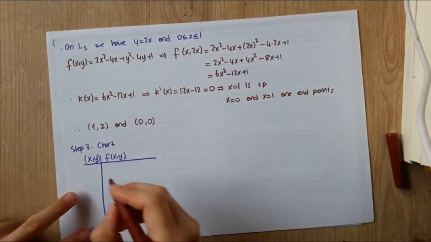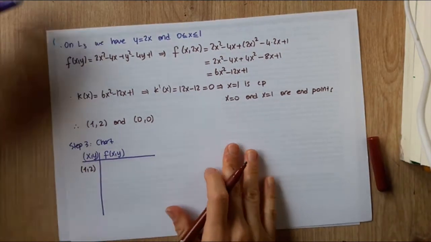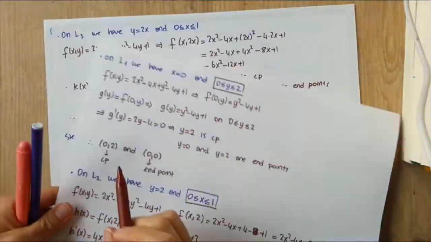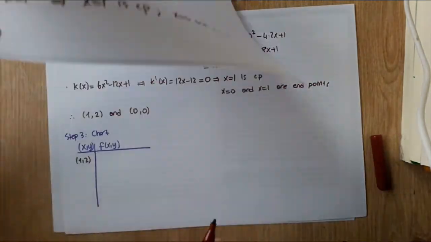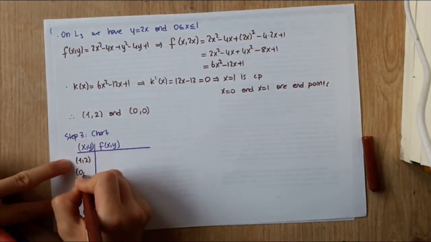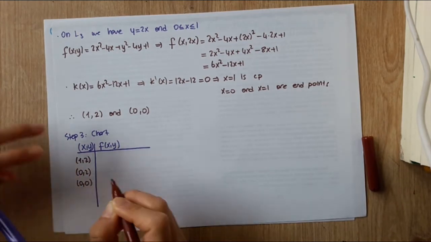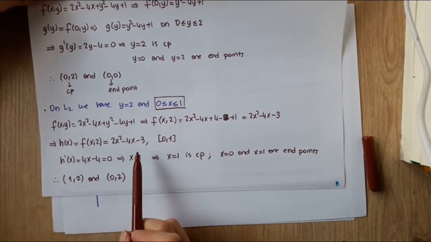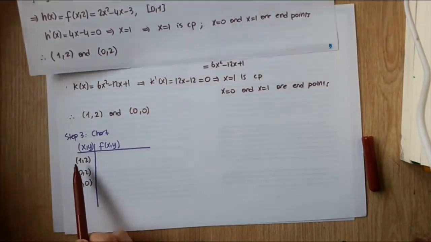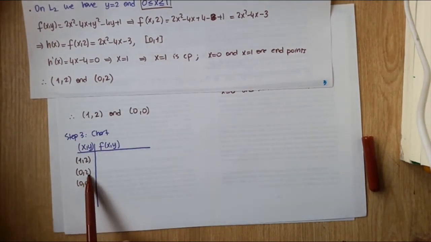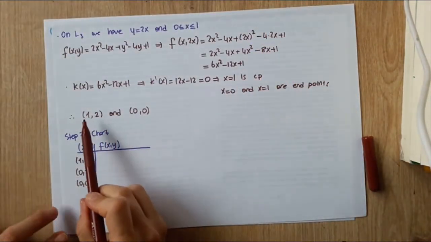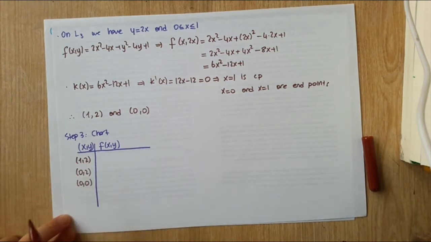So 1, 2 here. First of all, we have obtained this. And from here we have 0, 2, and 0, 0. And in the second boundary, we have 1, 2, and 0, 2. And at the end, I have 1, 2 and 0, 0.